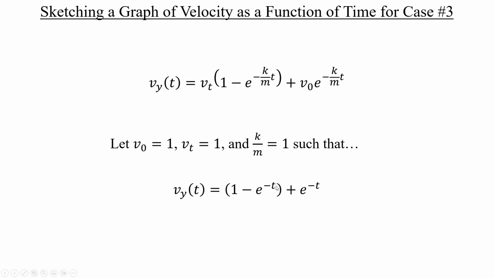If we're going to add this second term, which is negative, with this last term, which is positive, well, they're the same thing, and they're going to cancel each other out. What are we left with? Well, just 1. This means our graph should be a completely flat line at y equals 1. Is that what we get?